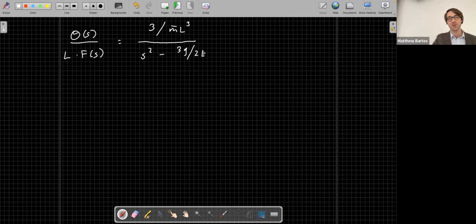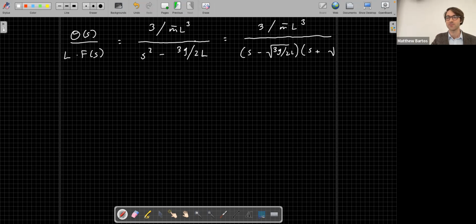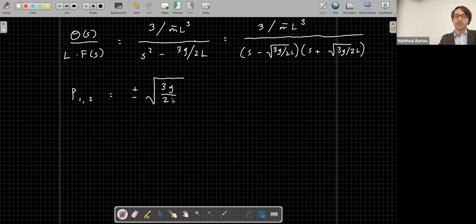If you think back to algebra, we can factor the denominator into s minus square root of 3g over 2L times s plus square root of 3g over 2L, right? This is just applying what you know from algebra 1, all the way back in middle school. And so the poles of the system are plus or minus square root of 3g divided by 2L.